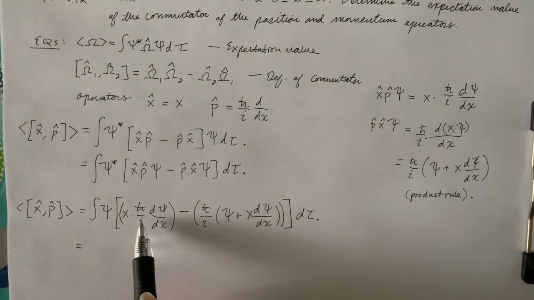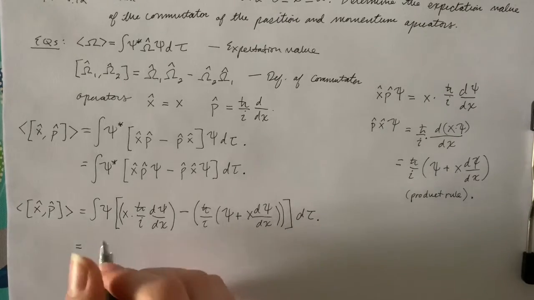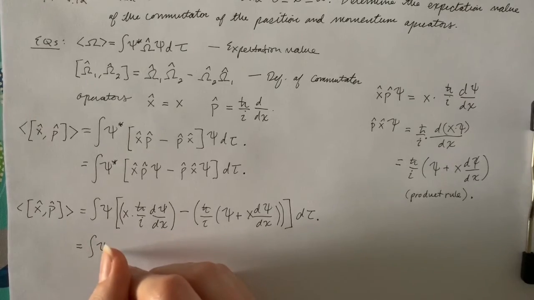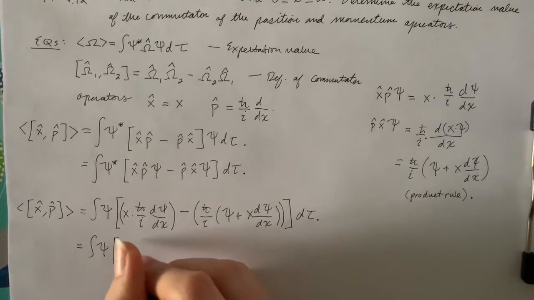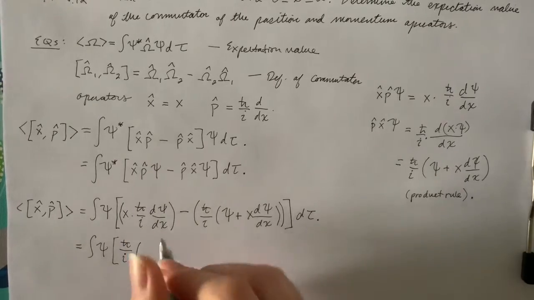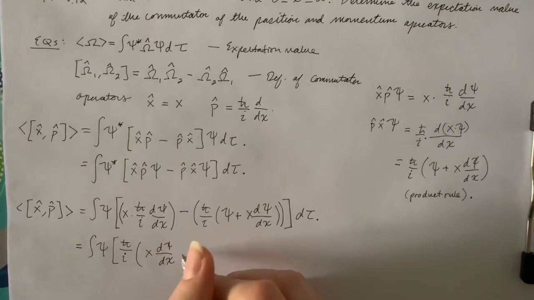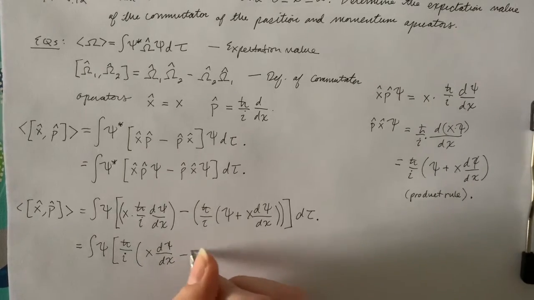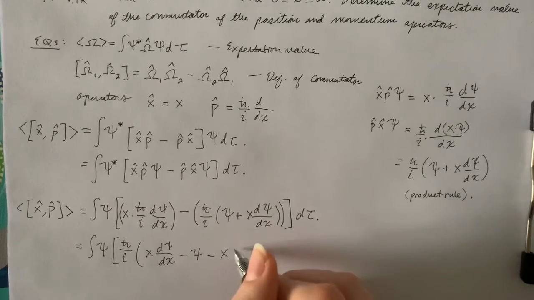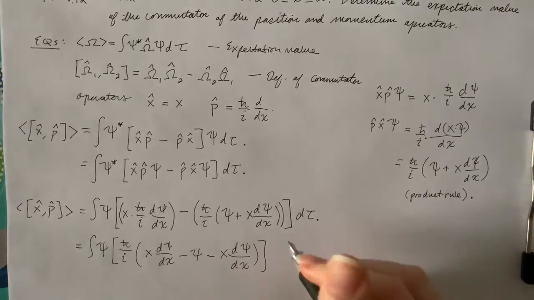Okay. Now from here we're just going to simplify. So what I'm going to do is I'm going to pull out this h bar over i factor. So we get the integral of psi times h bar over i. So we're left with x d psi over dx, minus psi, because this goes into there, minus x d psi over dx, d tau.